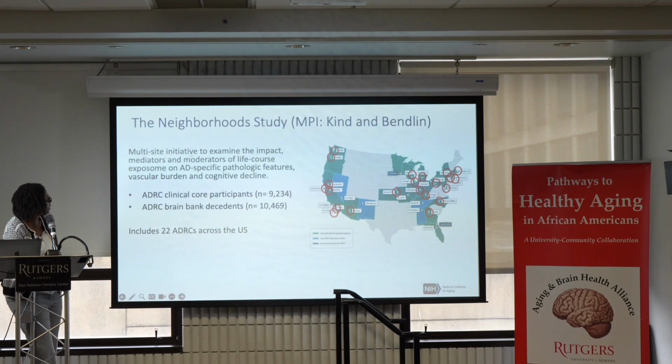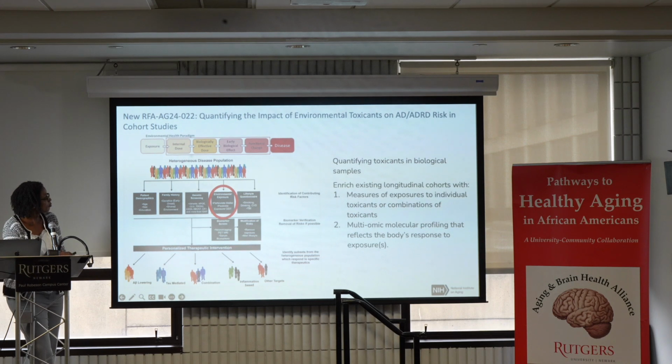And so she is working with another investigator, Dr. Benlin, and they're expanding this study across the U.S. using participants from 22 ADRCs, or the Alzheimer's Disease Research Centers, to really look at how one's neighborhood and other moderators of life course exposome can affect AD outcomes in their populations.